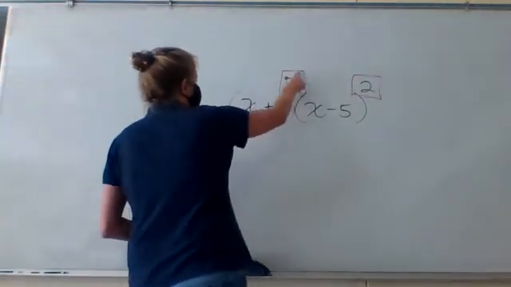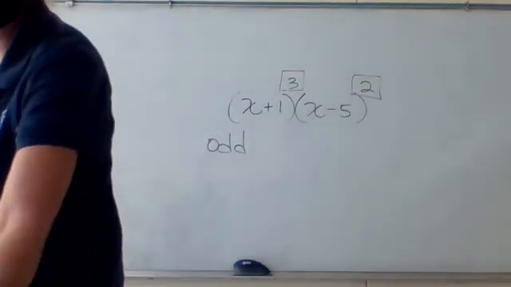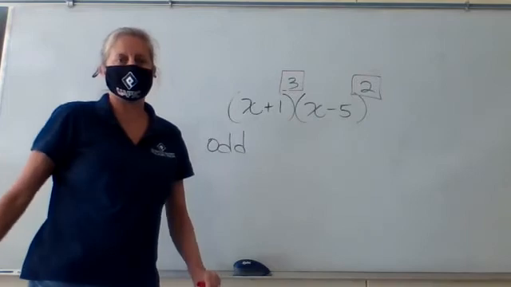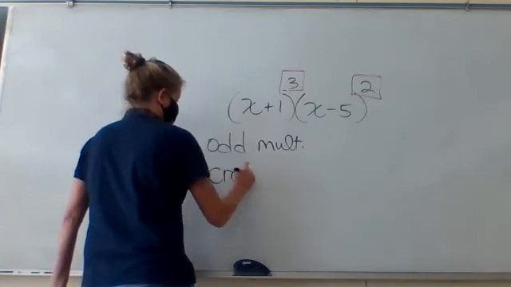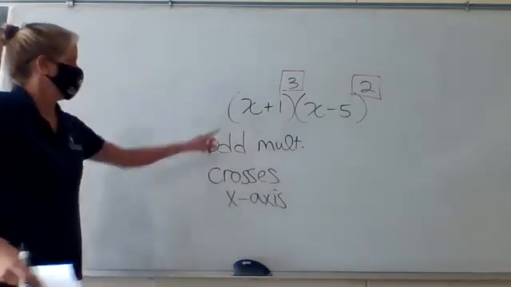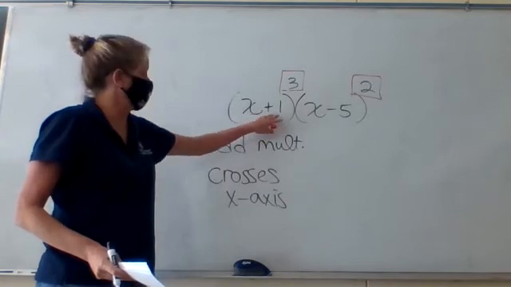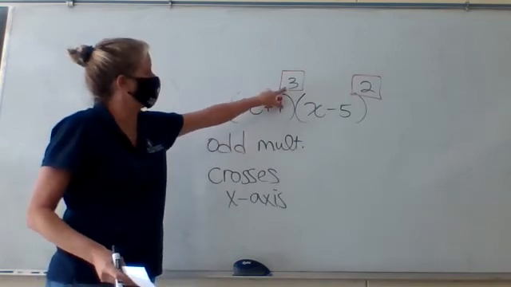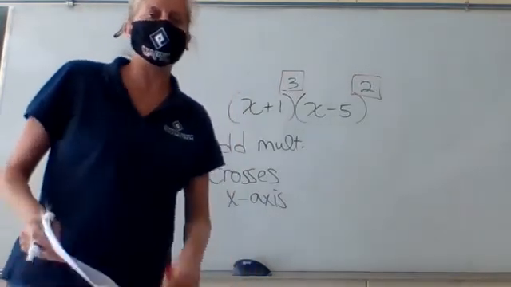If your exponent is odd, so you have an odd multiplicity, that tells you at this 0, you are going to cross the x-axis. So this right here, the 0 would come from this factor, which means I would set this equal to 0. My 0 would end up being -1. The multiplicity would be 3, which means at that x-intercept, the graph crosses all the way through the x-axis.